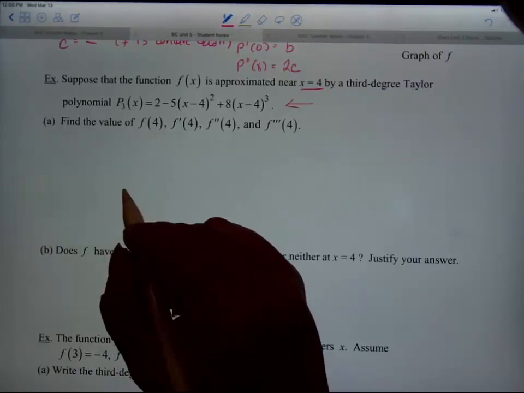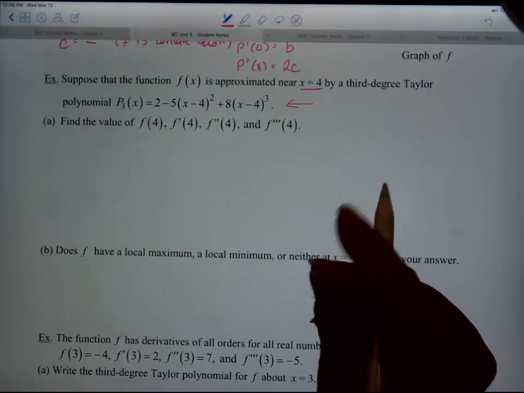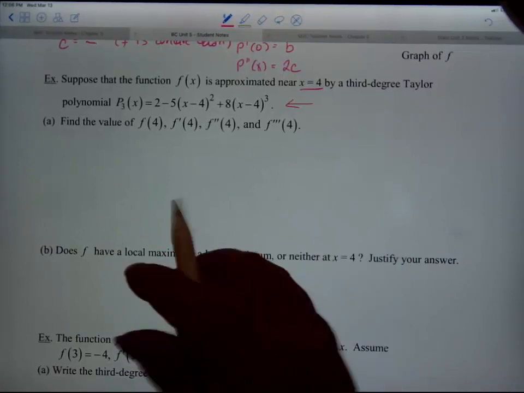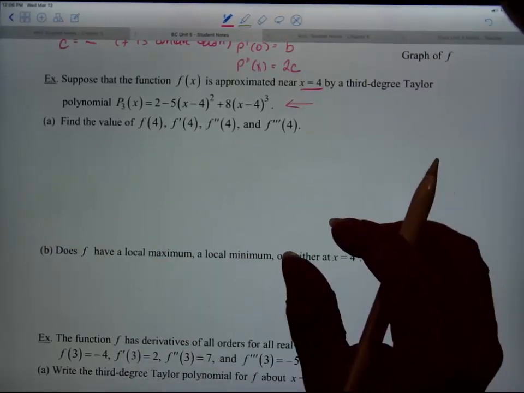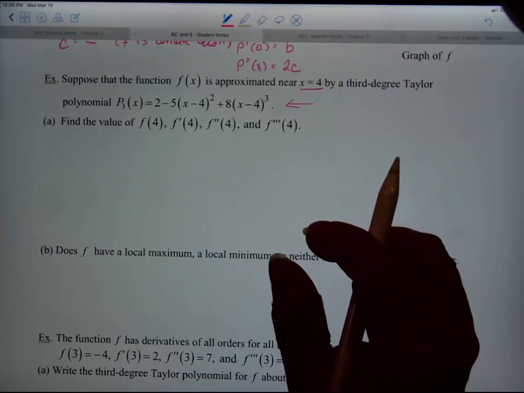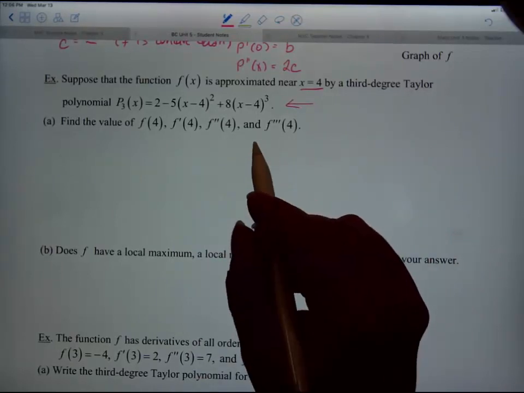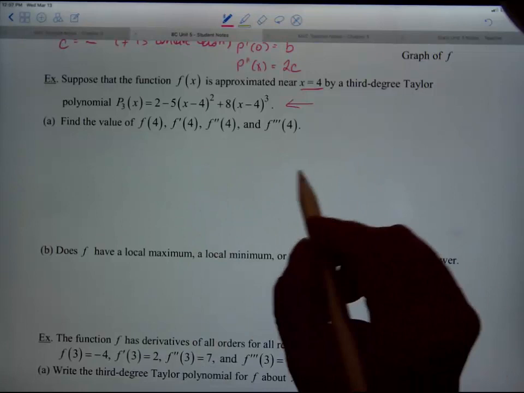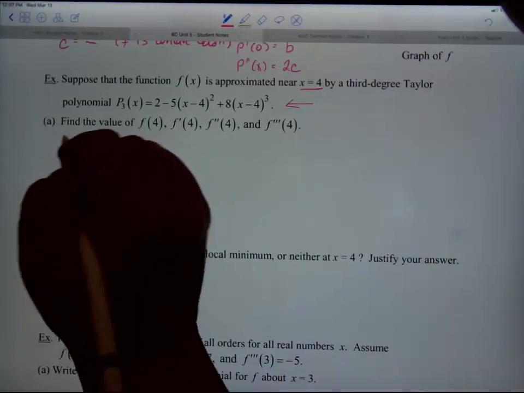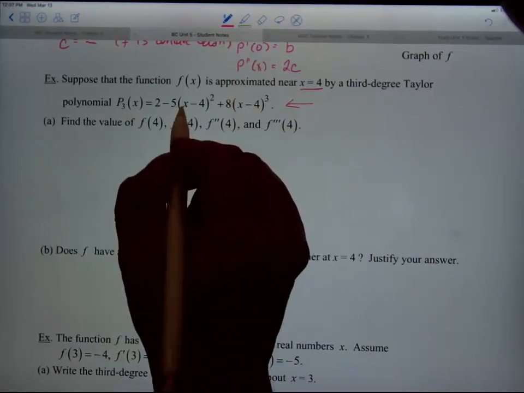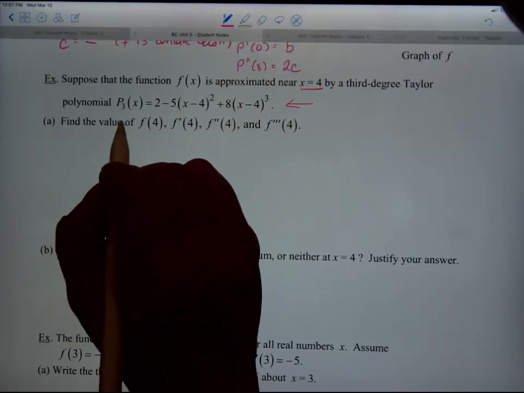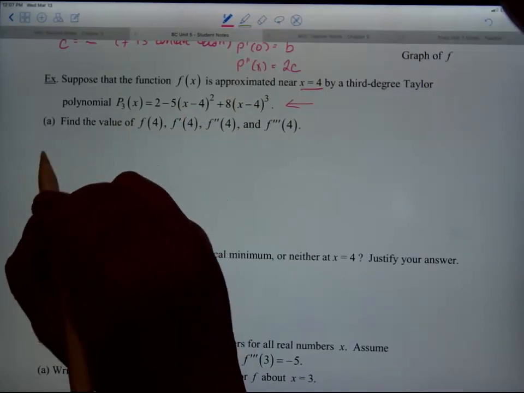Okay? So what we're going to do first, take your flip book to help you. I know what the formula is. You can look at your flip book. And since this is centered at 4, we're going to write it out with the formula. So what I want you to do is write the formula, putting the number 4 in for all the c's.